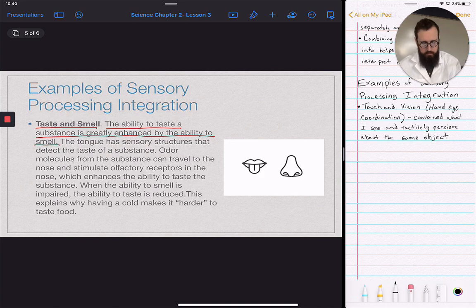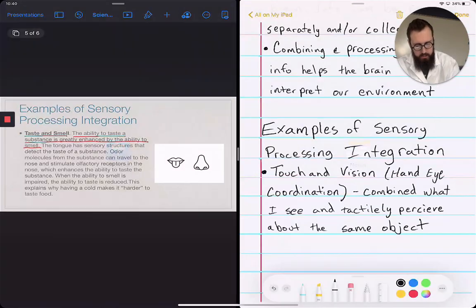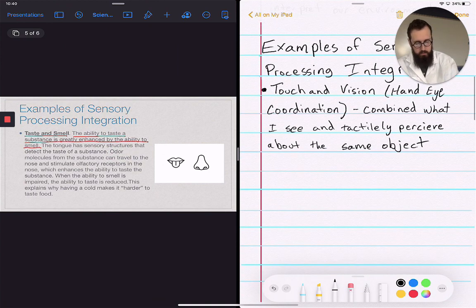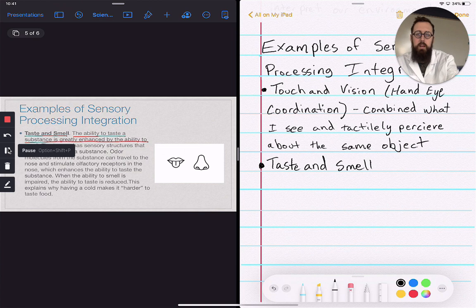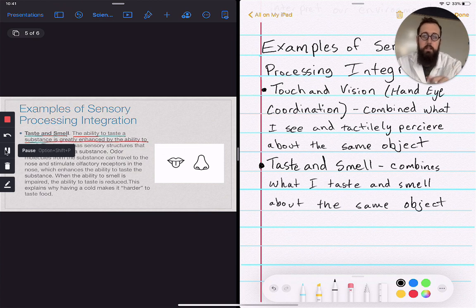If I'm going to make some notes of that, I'm essentially just adding on to my examples of sensory processing integration, and I'm going to add a new bullet point of taste and smell. I'm essentially going to write out the same thing I did about touch and vision, but involving taste and smell, kind of like this.